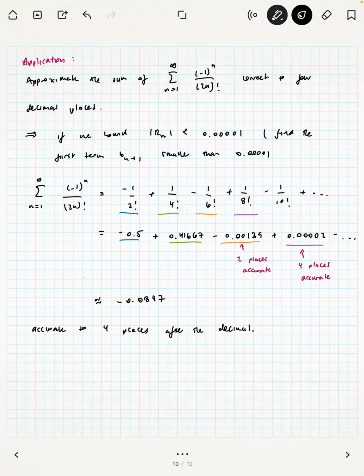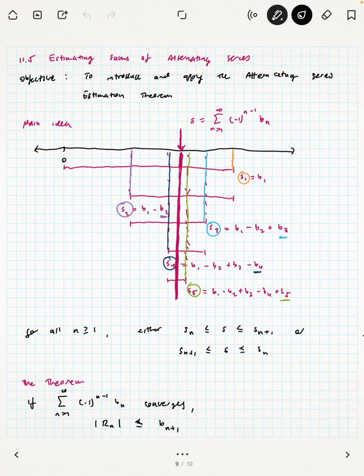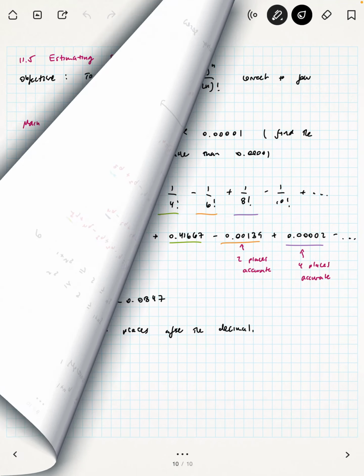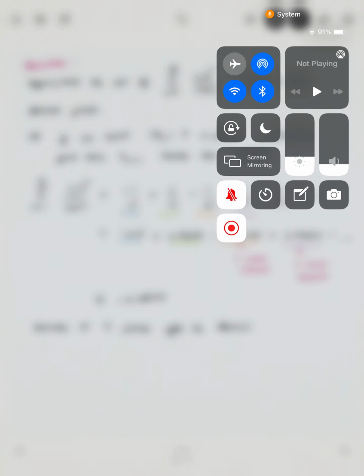We're never actually going to get to the value unless we know the exact transcendental number that it happens to be equal to. We usually don't, though. And so that's the power of the alternating series estimation theorem. And it all comes from this very helpful visual tool that says alternating series are going to bounce back and forth, so every successive partial sum gets you closer to the limit of that series and no further away from that limit.